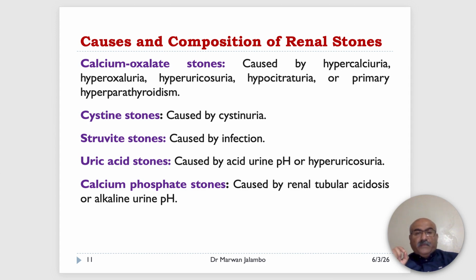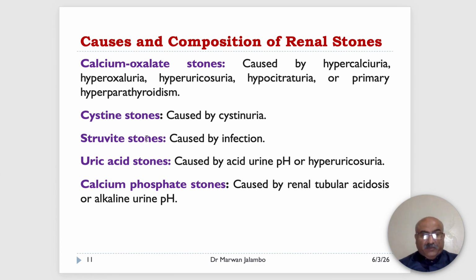Now, the causes and composition of renal stones. Looking at etiology, calcium oxalate stones are typically caused by hypercalciuria, hyperoxaluria, or hyperuricosuria. Cystine stones are the result of cystinuria, a genetic defect.